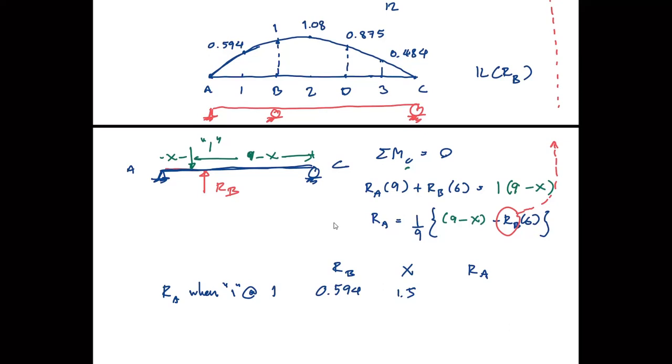Okay. Plus 7.5. That's divided by 9, right? What? I got a strange number. Can you help me check this? Somehow this didn't feel right.